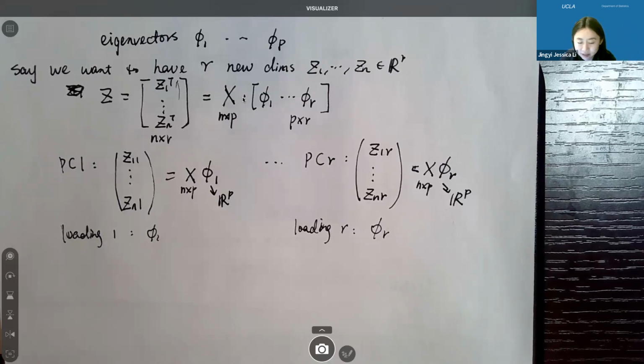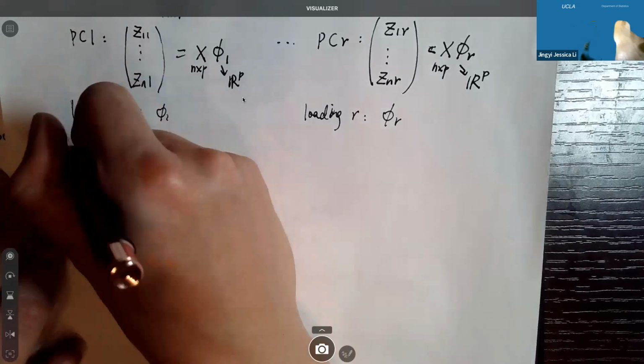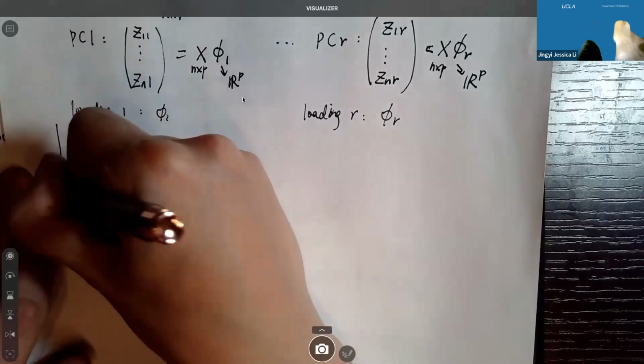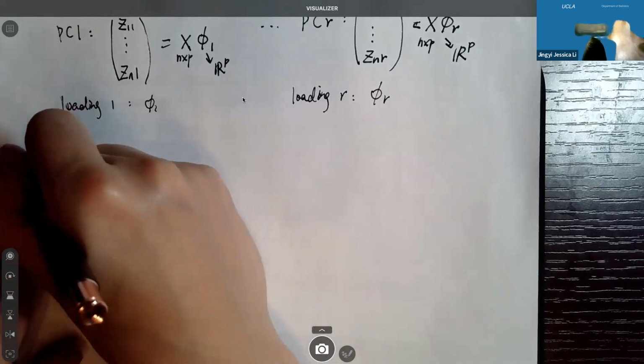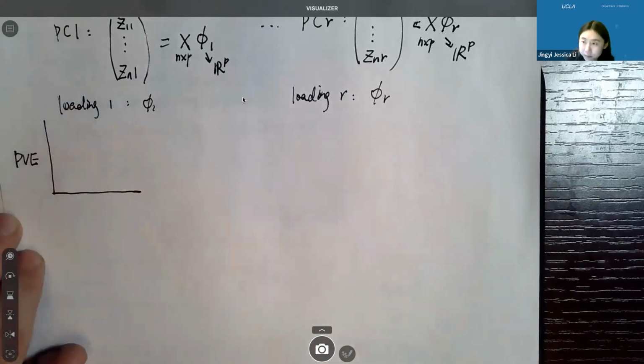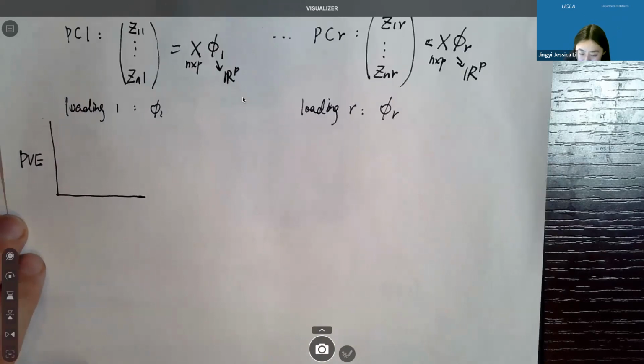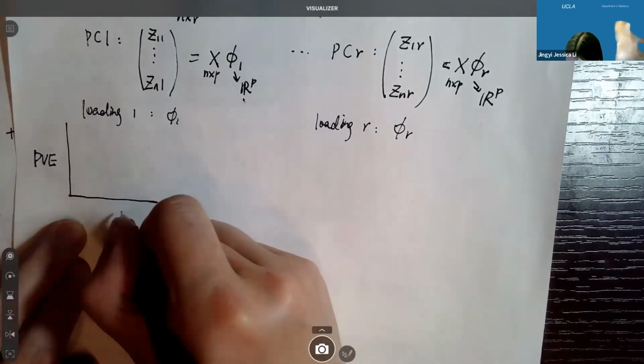So based on that, how do we choose the number of PCs? That's quite an interesting problem, and I don't think there's an absolutely optimal answer. The most popular way is still the elbow plot. So you would compute the PVE, percent of variance explained, against the number of PCs.